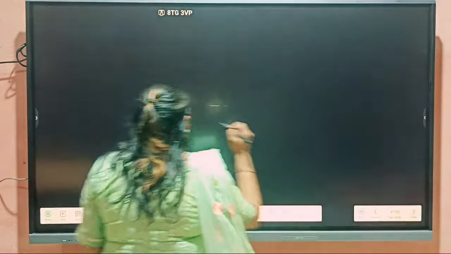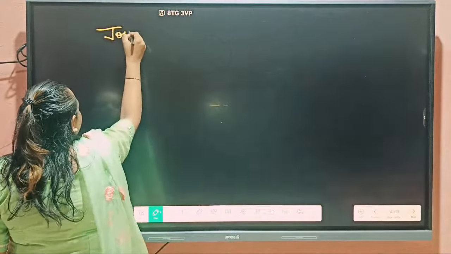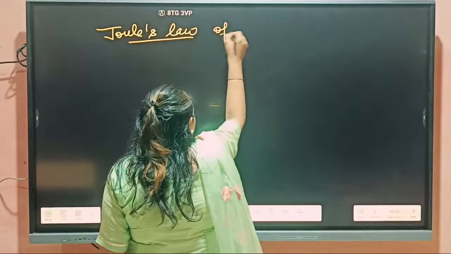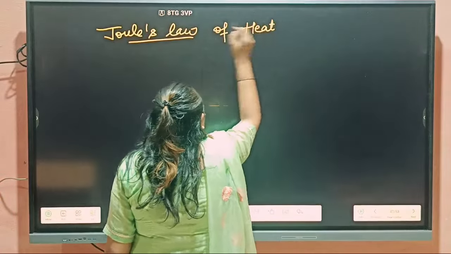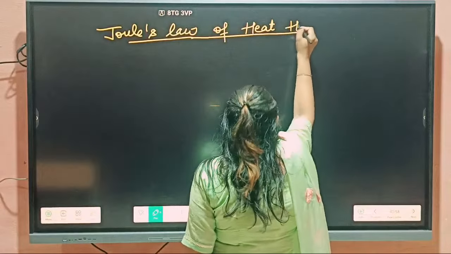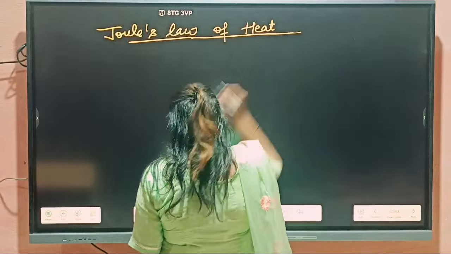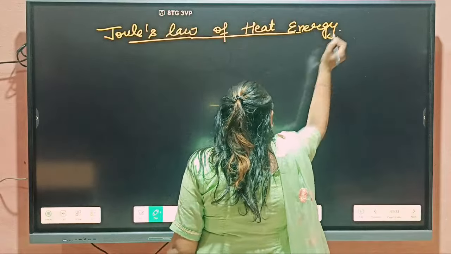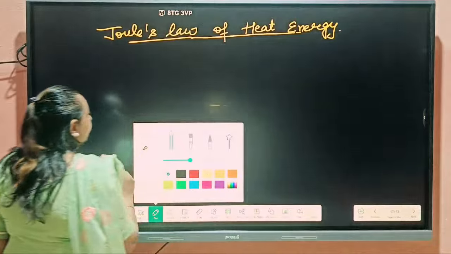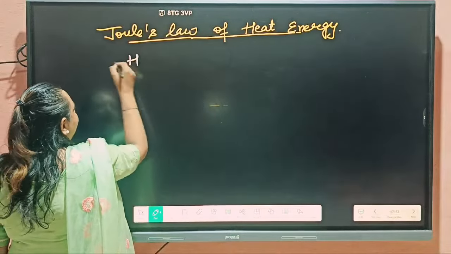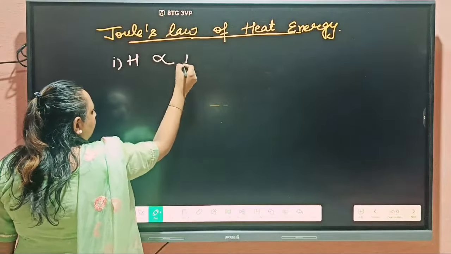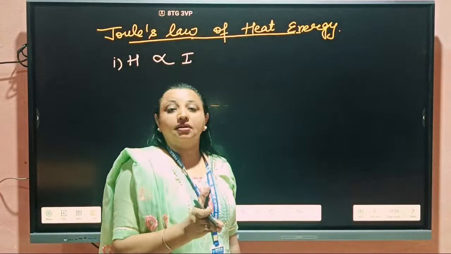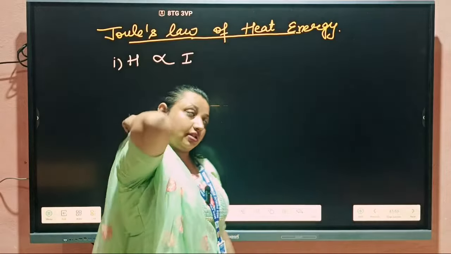According to Joule's law of heat energy, it states that the heat energy produced is directly proportional to the current flowing through the conductor. The heat energy produced through the conductor is directly proportional to the current flowing through the conductor.